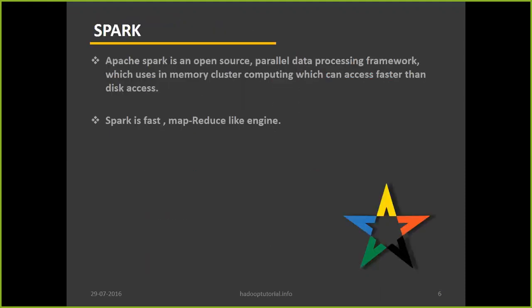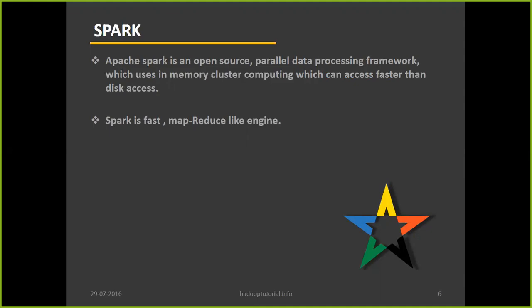Okay, so now coming to Spark. What is it, and how is it similar to your Hadoop ecosystem tools, whatever you know so far? Apache Spark is something similar to your Hadoop. It is also open source, and it is also a parallel data processing framework.